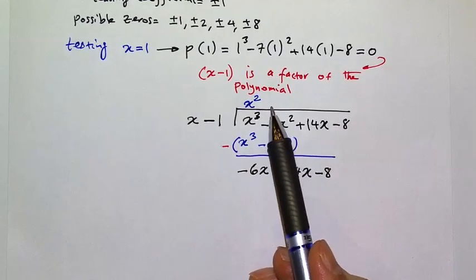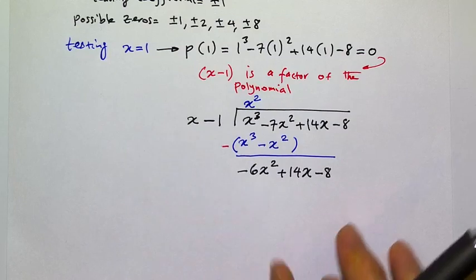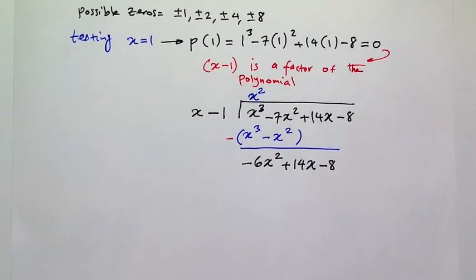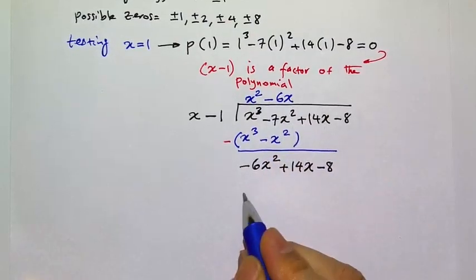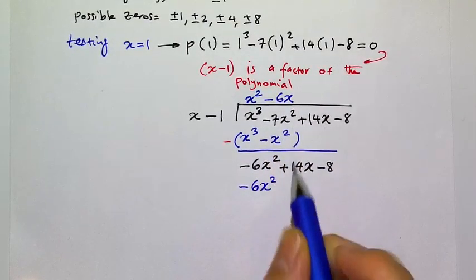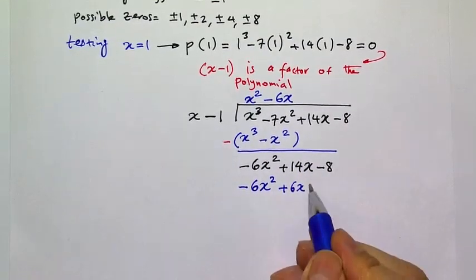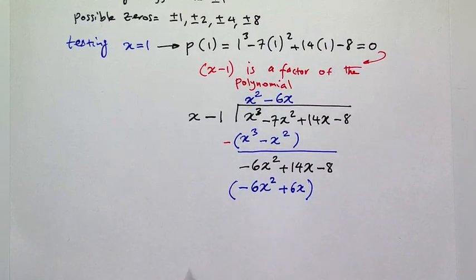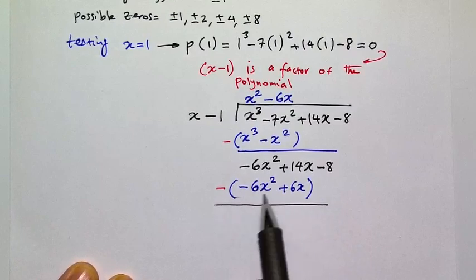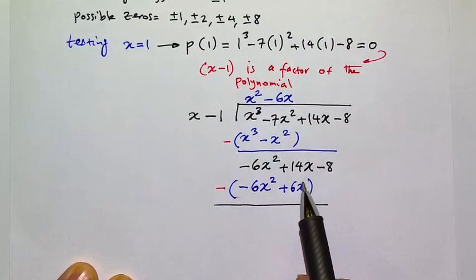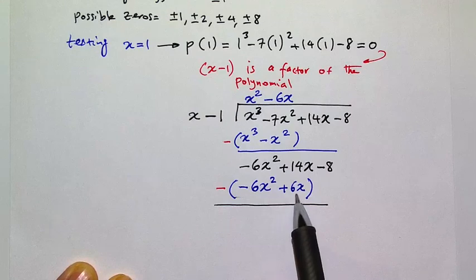So what term can we place up here so that if we multiply it by x, we get minus 6x squared. That's, of course, minus 6x. Minus 6x times minus 1, we get plus 6x. And once again, this minus that, we get 0. And then 14x minus 6x, that's 8x.